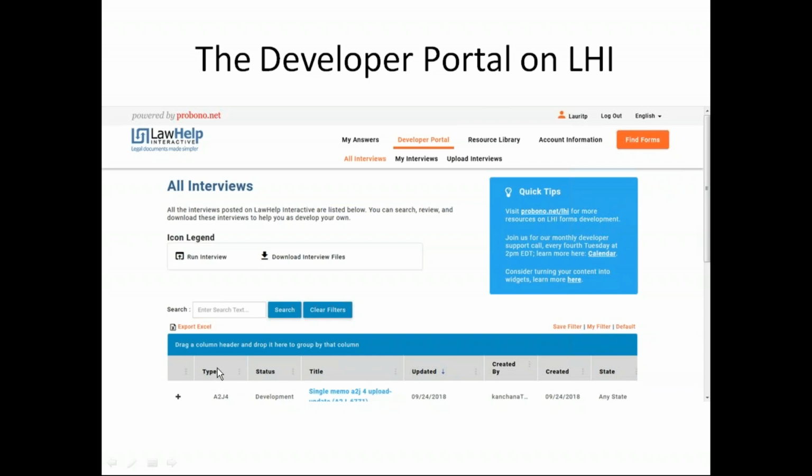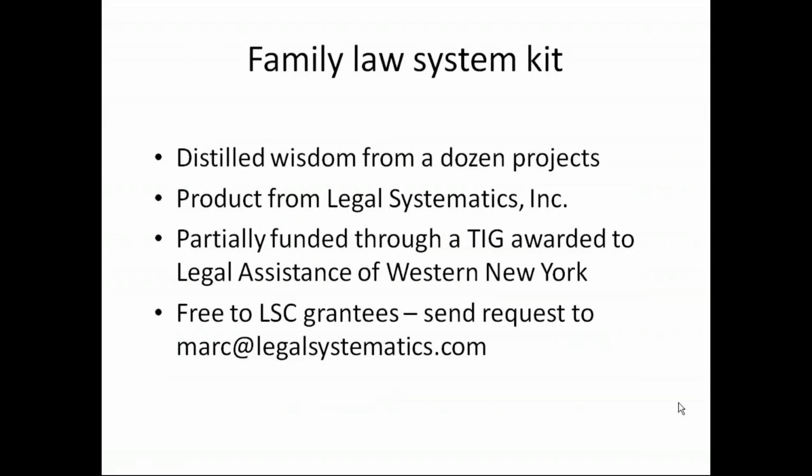And you can sort things by type, status, title, who created them, etc. More importantly, you can search, so you can find all the templates that deal with bankruptcy or divorce or parenting plan or child support, whatever it may be, and limit the listing and then drill down to specific templates. And it's quite powerful, reasonably intuitive. Click on these little three dots to do that.